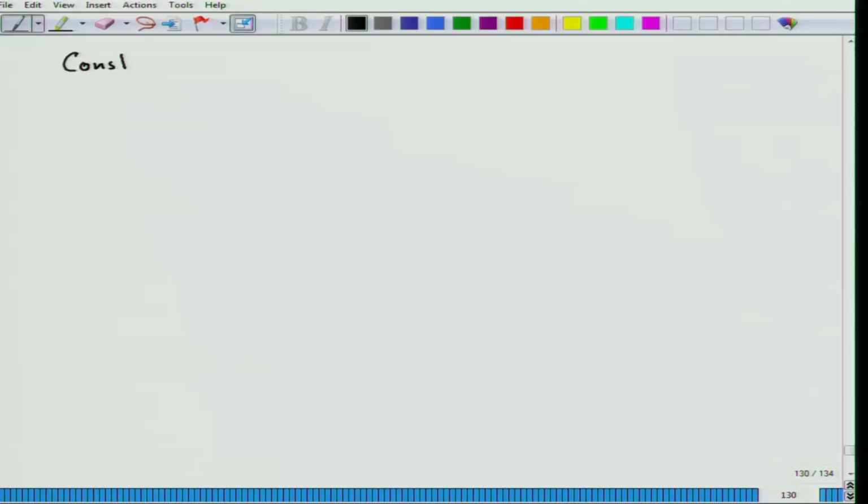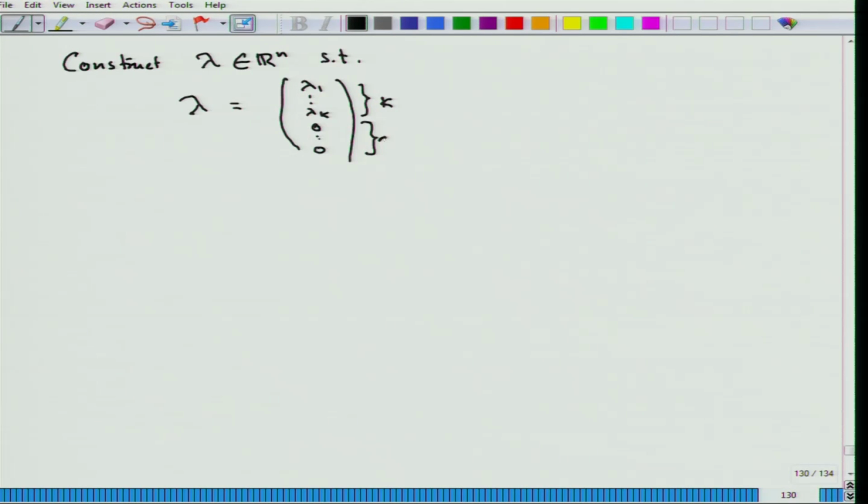Now, construct a vector lambda in R^n such that lambda is (lambda 1, ..., lambda k, 0, ..., 0), so k components and n minus k components.